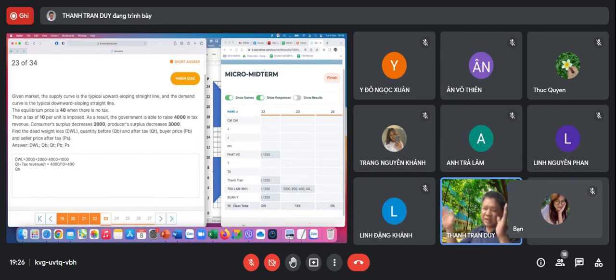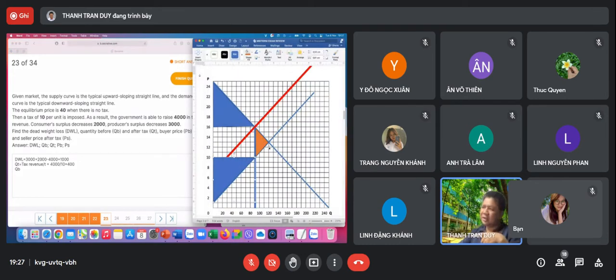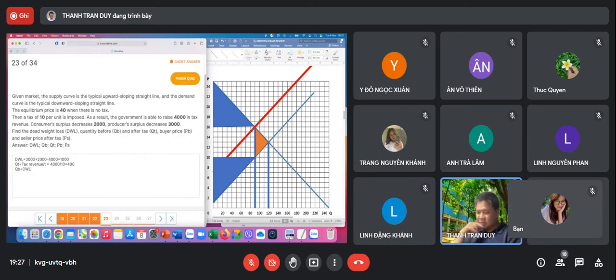And this distance will be equal to the deadweight loss multiplied by 2 divided by the tax.